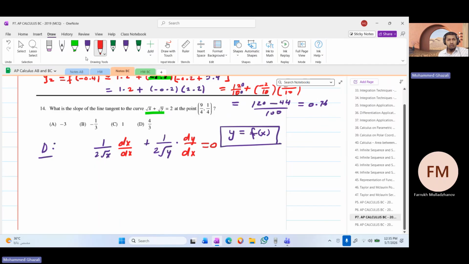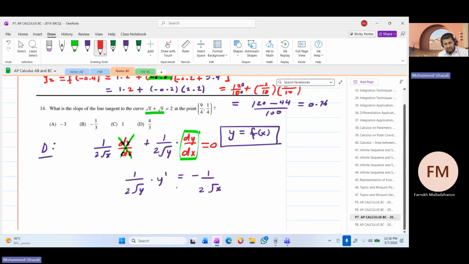Now, we want to solve for dy dx, so let's simplify this. We take this entire thing over to the other side. So 1 over 2 root y times y prime is equal to negative 1 over 2 root x, because I took this term over to the other side. This here cancels out, that's just 1.